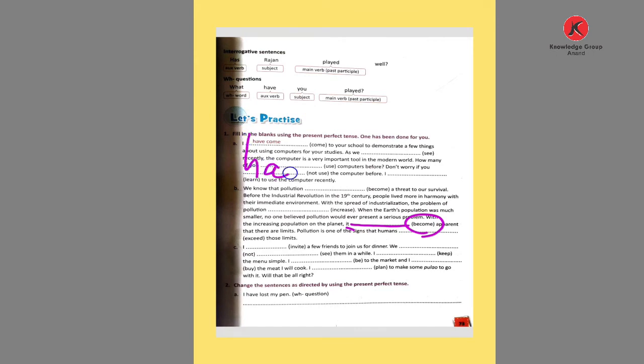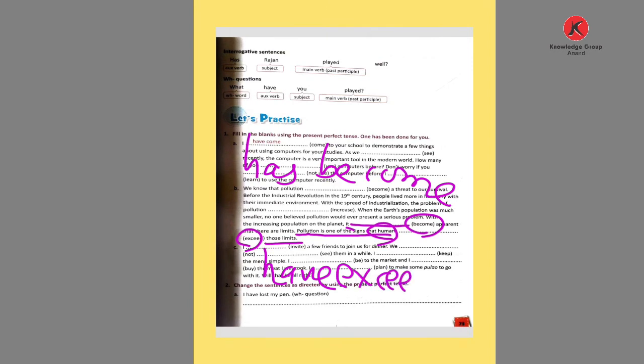So, with it we use has become. Then the last one: Pollution is one of the signs that humans dash those limits. The verb given is exceed. Here humans is plural, so we use have exceeded. Have exceeded is the answer.